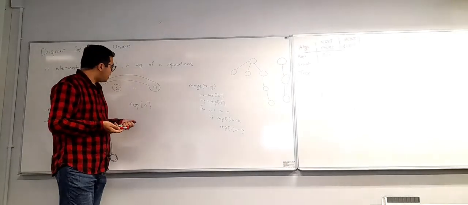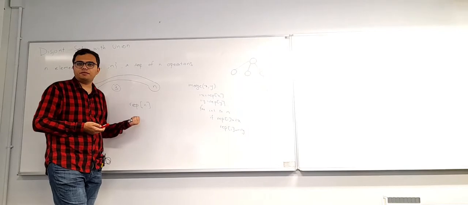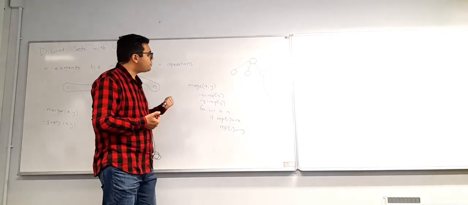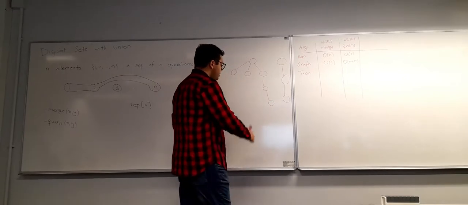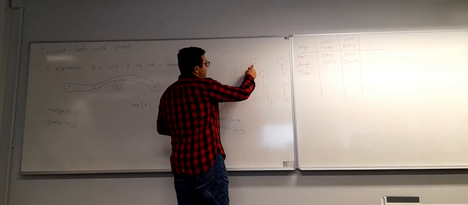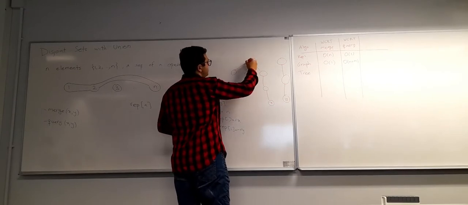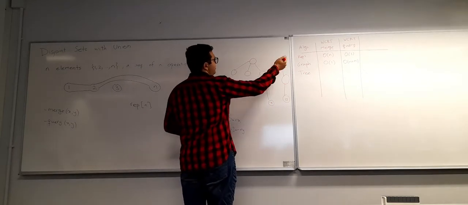So in other words, I'm replacing these representatives with the roots of my tree. So whenever I want to query if x and y are in the same set, I would just start from x and also from y. And from x, I go all the way up until I cannot go up anymore, and that's my root. And I do the same thing from y, and I just check if I've got to the same root.